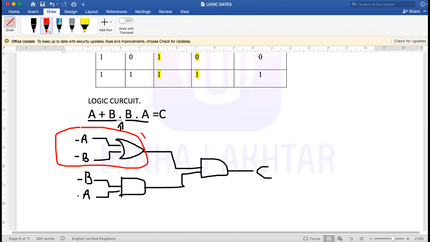First, we draw this. And then B and A. I'm going to draw B and A like this. And once we get the answer of both, we are going to connect them with which gate? AND gate. So this is my AND gate, and this is my final answer, isn't it?